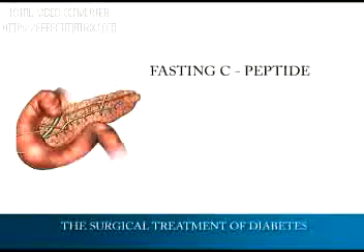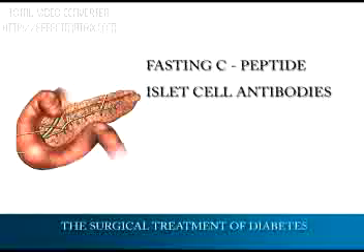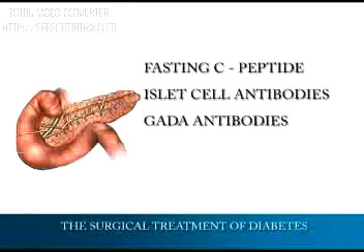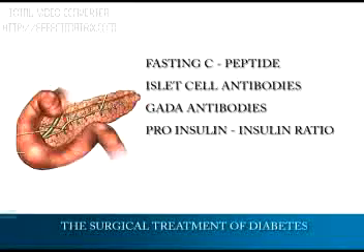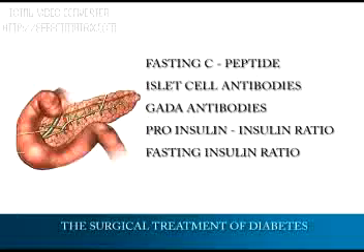The main investigations we are doing are the fasting C-peptide level, which gives a fairly good idea of the beta cell activity, and of course the islet cell antibodies, the GADA antibodies, the pro-insulin to insulin ratio, the fasting insulin ratio, and all the other investigations like hormonal assays, to see whether the patient has some other disease. As for age, we usually select patients of a somewhat younger age.